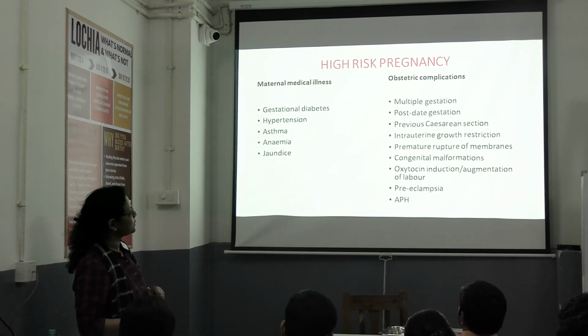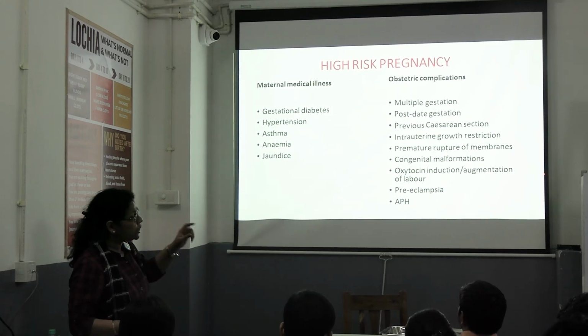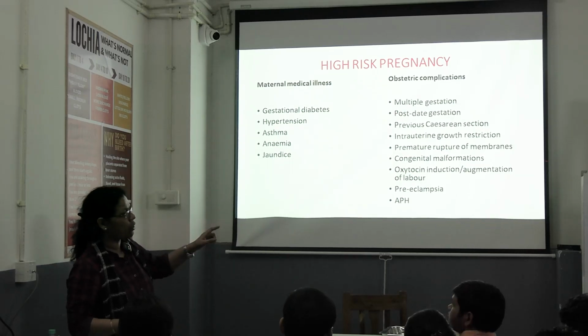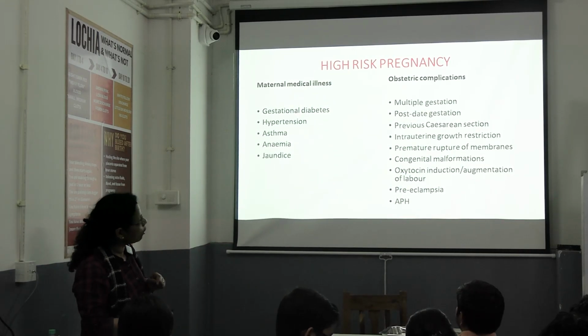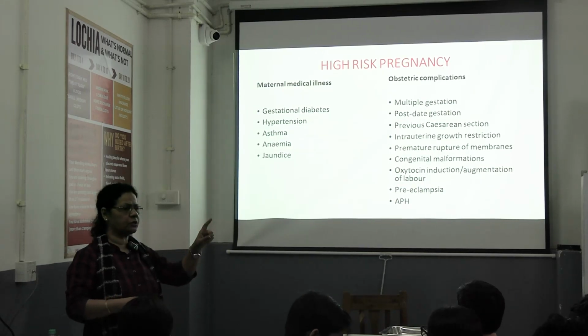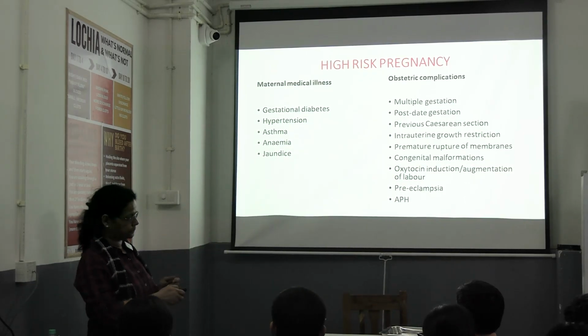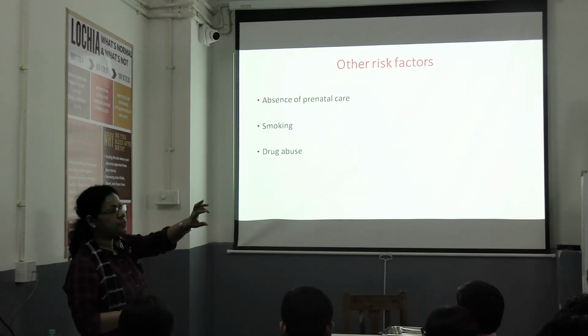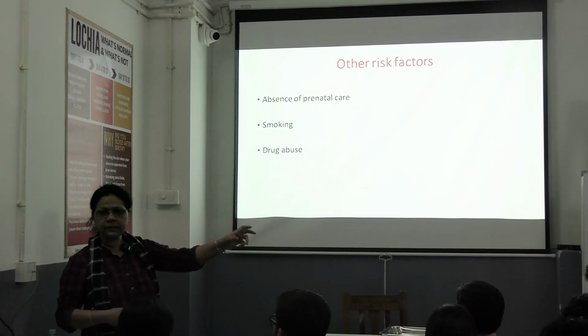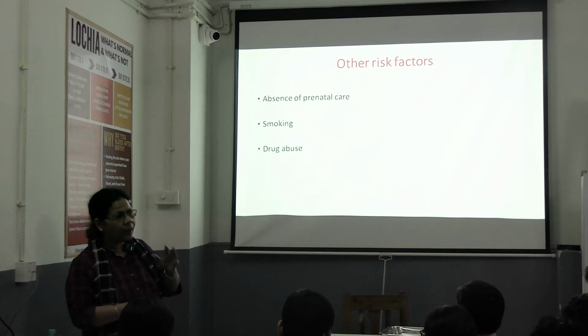Premature rupture of membranes, congenital malformations. The patient is undergoing induction of labor, say with oxytocin, or augmentation of labor. Preeclampsia, APH, these are all obstetric complications. In all these patients, we might have to put up a CTG. Other risk factors include that the patient is not known to you. She has come to the emergency without any booking before. We know nothing about her.